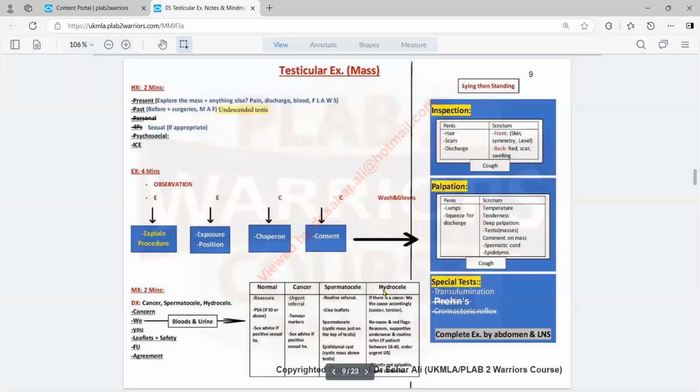Okay, doctors, these are the possible findings and the possible cases. How to manage? If it's a normal examination, you tell him, all right, I can see that you are concerned about having a mass. When I examined you, I didn't find anything. The examination is totally normal, reassuring.